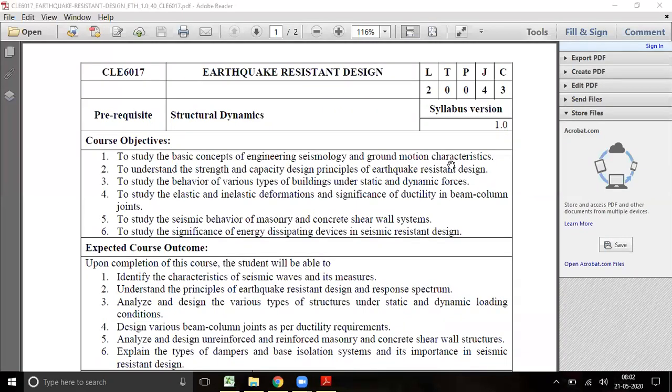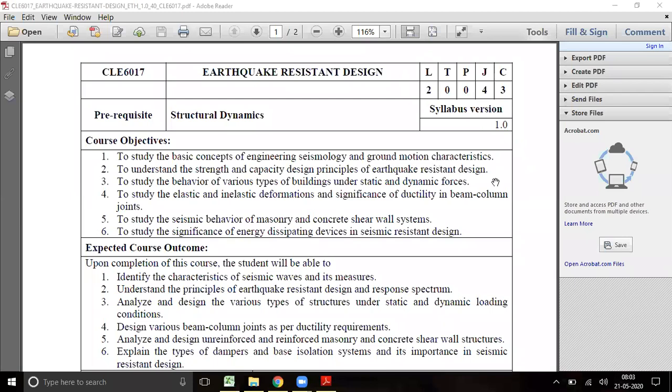So we first must know what is earthquake, and from where it is generated, and after the earthquake arrives, what are the outcomes, in what form it will be recorded. That will all come under ground motion characteristics.